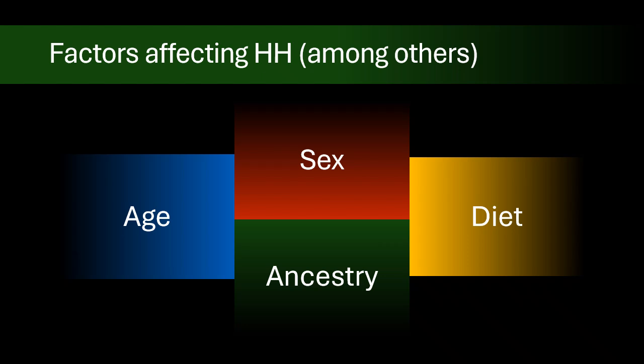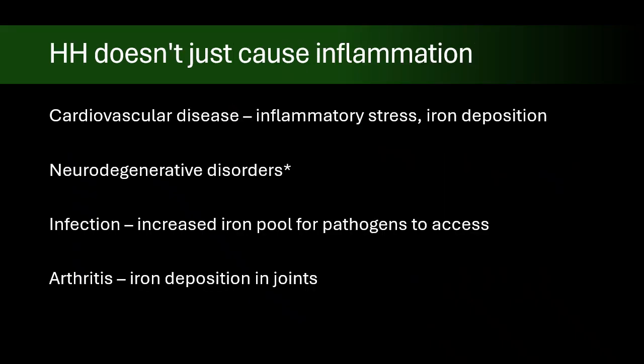Of course, you might be thinking, well, if it's just arthritis and inflammation, then surely it's not that much of a risk. But studies have shown that increased levels of iron in your body, haemochromatosis, can increase your likelihood of developing certain conditions. There's been studies to show that increased iron levels in your blood can increase your risk of cardiovascular disease.